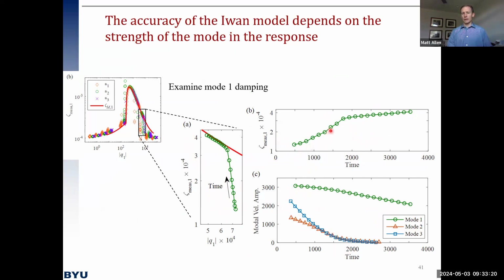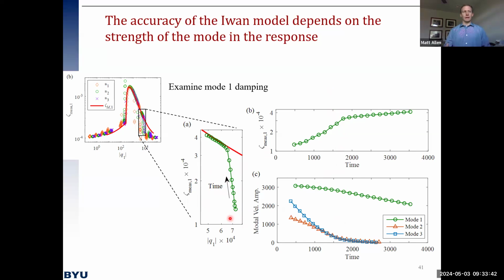And so if we look at the lowest mode, mode 1, there comes a time where the other modes have essentially vanished and it's dominant. And so we see that the damping initially doesn't follow the backbone curve for the uncoupled mode assumption, but after enough time passes, it does return to that backbone.